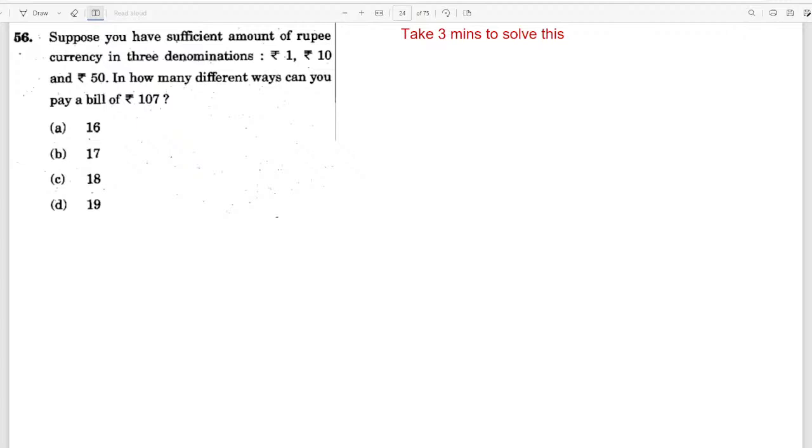Deepthi, Prajwal, Priya, okay. So now three people have got option C. It is 18.